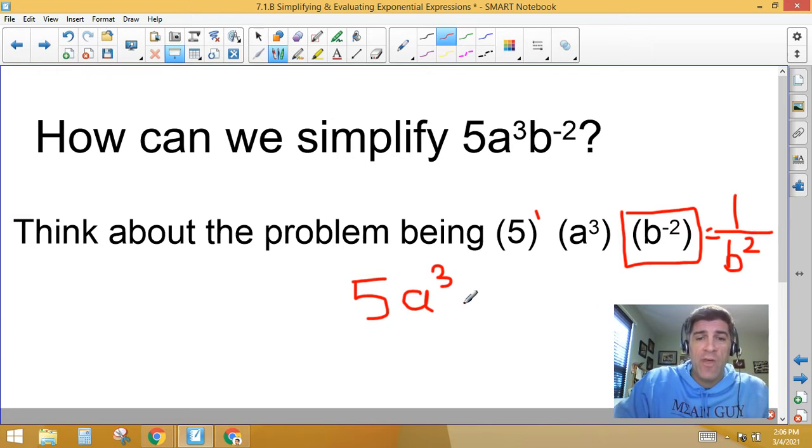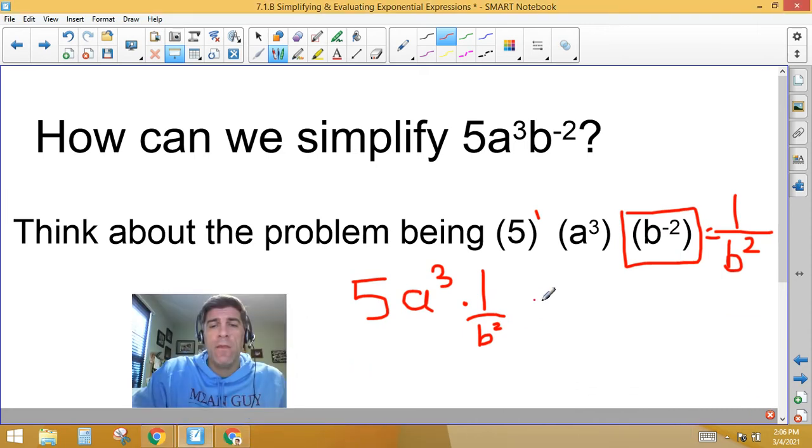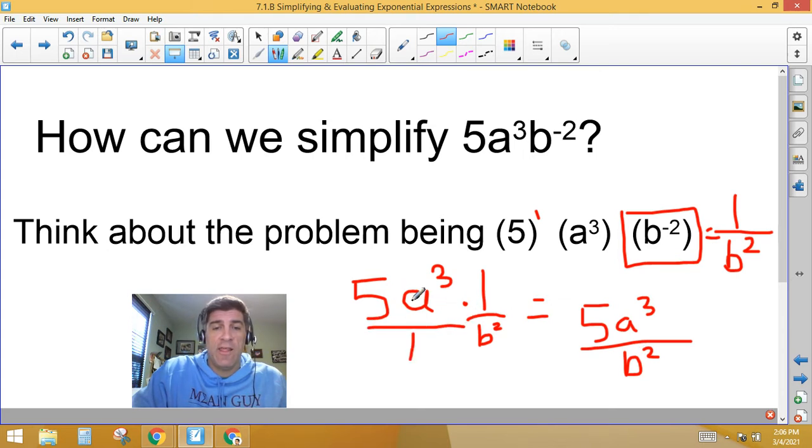So then I could say times 1 over b squared. But now there's an easier way to write all of this. I could just write 5a cubed over b squared. Because if I multiply this across, technically that's over 1. When we multiply fractions, it goes straight across. And there we have it.